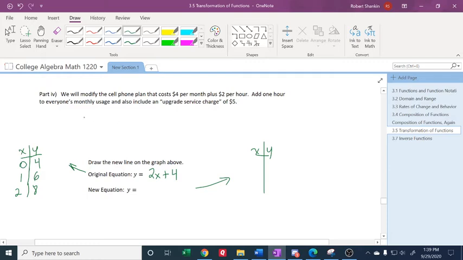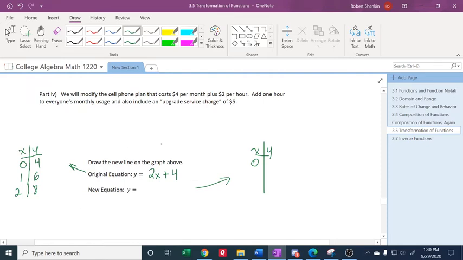Alright, add 1 hour to everyone's monthly usage. So if somebody had 0 hours, they'd be charged as if it was 1 hour. And also include an upgrade service charge of $5.